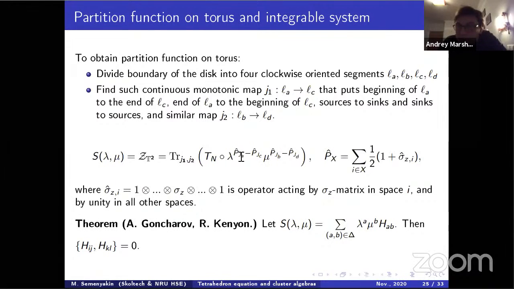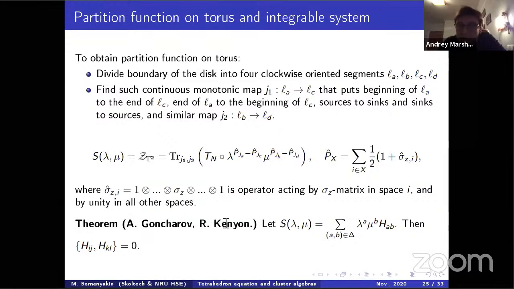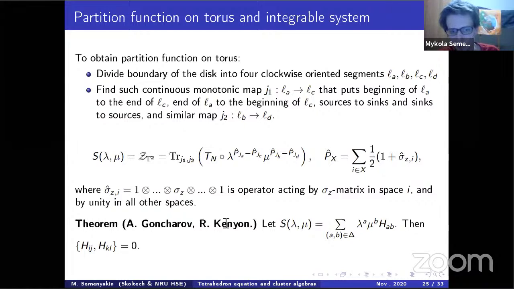I don't know whether it is a good or bad way, but I just say that it's unclear what kind of statement of Goncharov and Kenyon he makes. In fact, I made this because I used two different languages. One language is of Goncharov and Kenyon, and another of Gekhtman, Shapiro, and Vainshtein. And not to confuse everybody, I tried to bring these two languages together. So sorry for confusing.